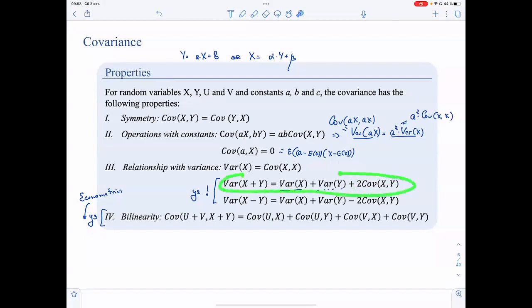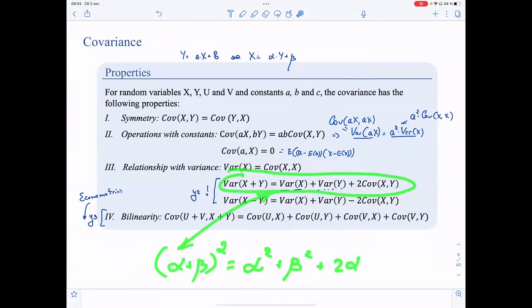This formula intuitively looks exactly like a formula of squaring the sum. It gives you alpha squared plus beta squared plus 2 alpha beta. And the properties of these formulas are very close to each other, and actually similar.